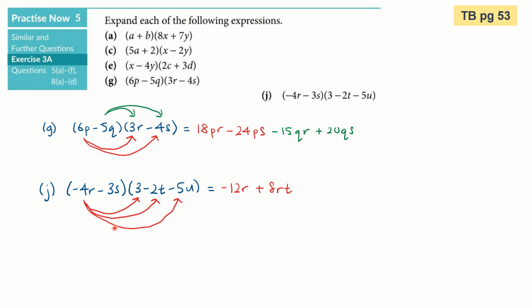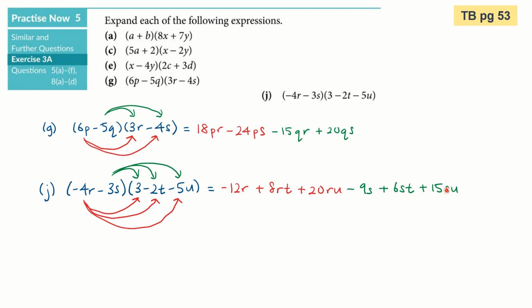So in our third pair over here, negative 4r with negative 5u, we will get a positive 20ru. We do the same to negative 3s, and we will be getting negative 9s first, followed by positive 6st, and lastly, positive 15su.